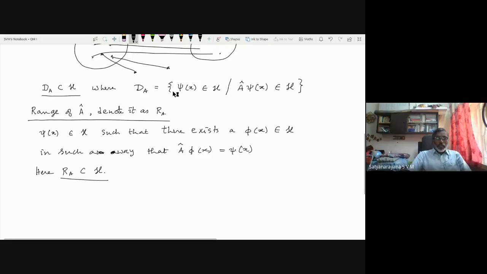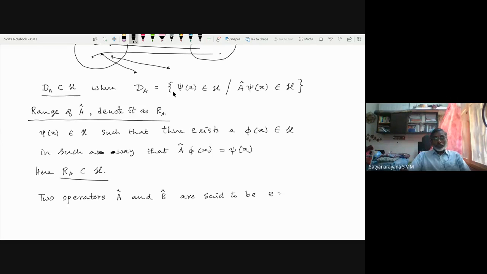Now we can define when two operators A and B are said to be equal.